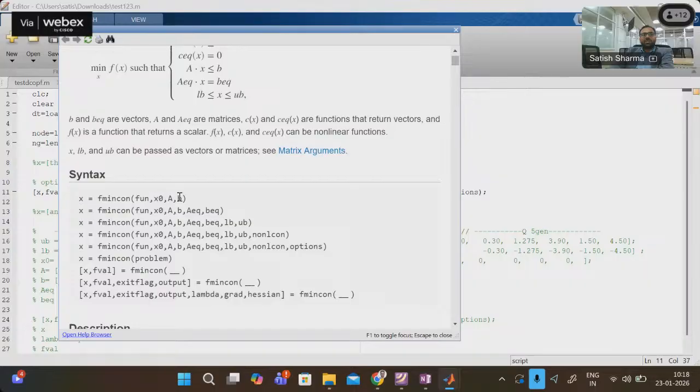Then A and b are the linear inequality constraints, then the linear equality constraints, and the lower and upper bounds. If you have nonlinear constraints, you can provide them too. Options are optional; if you do not provide them, the default values will be used.